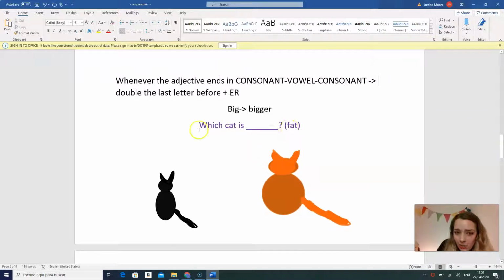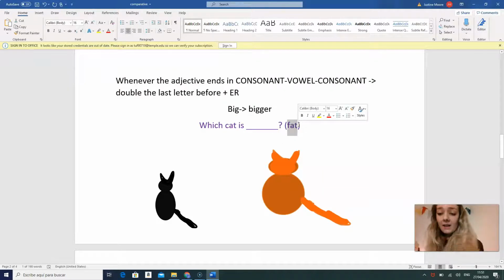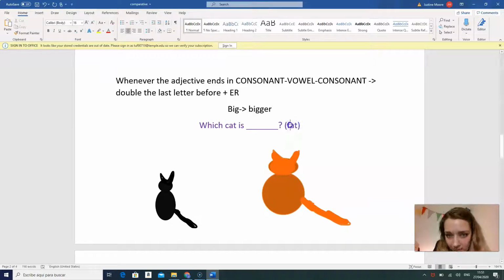All right, look, which cat is, and we have the adjective fat. We want to know which cat is more fat, but we want to use a comparative adjective. So we have to add ER. But wait, think about spelling changes. Look, F, consonant, A, vowel, T, consonant.